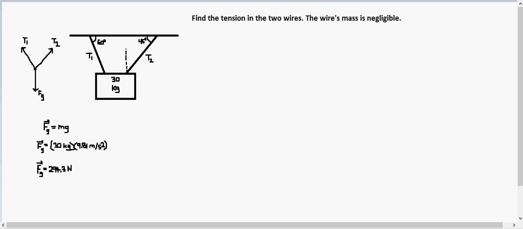I'm doing my best to draw a dotted line here. So that's our tension 2y, and tension 1y.